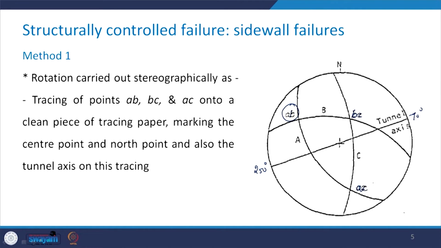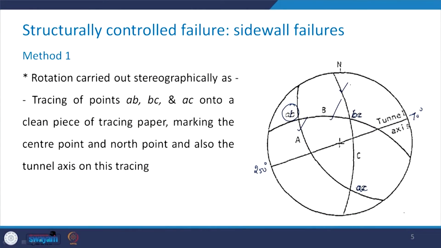What we do is take a tracing sheet and on it mark these three great circles, their intersection points along with the tunnel axis and the center of the reference circle. Also, we have to draw this north point. On a tracing sheet, this whole construction will look like this figure.